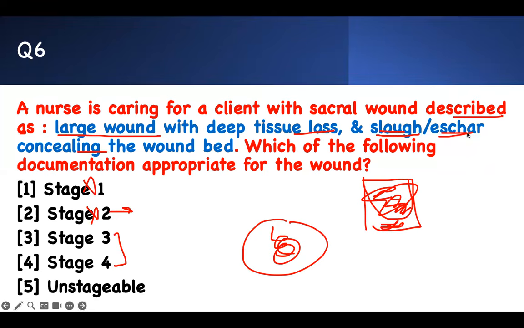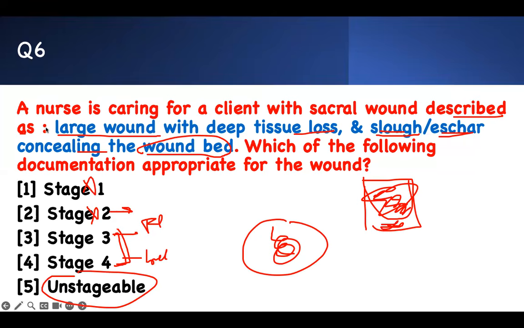Slough and eschar concealing the wound bed. That means we have not been able to stage the wound. This one is staged. We know it's 3 or 4. 3, you get to the fat. 4, you get to the bone and muscle. An unstageable wound is a wound that you have not been able to stage.